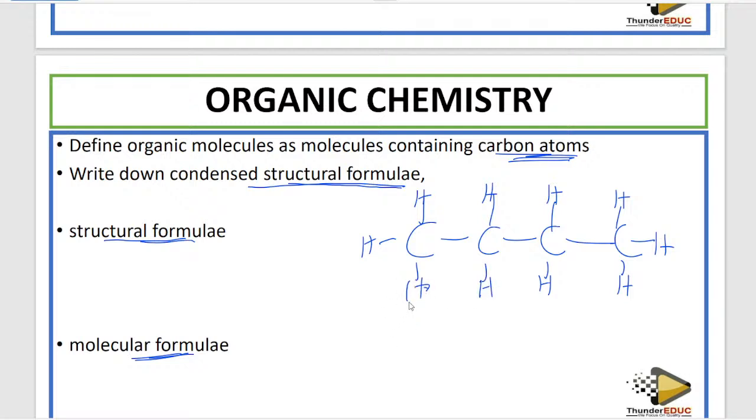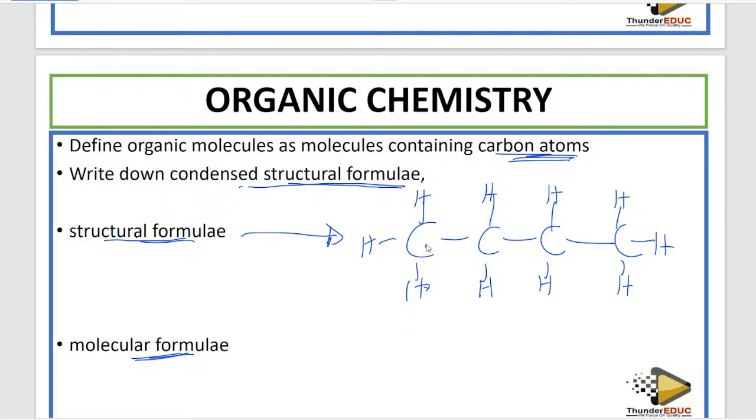All right, what you see here is called a structure formula. But what if they ask you to write the condensed structure formula? What do you do there? You have to count how many hydrogens are on each carbon atom.